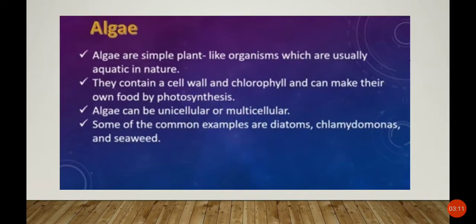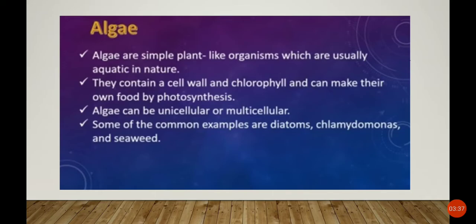Coming to this point, that is about algae. Today we are going to learn about algae. Algae are simple plant-like organisms which are usually aquatic in nature, meaning they live mostly in water. They contain a cell wall and chlorophyll and can make their own food by photosynthesis.